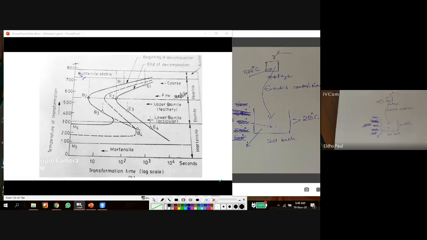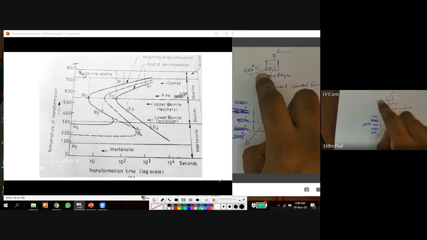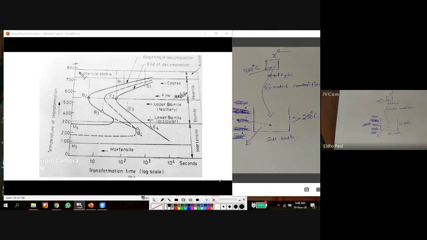This is the corresponding figure. This is austenite, which is at 727 degrees Celsius, and it is suddenly decreased to 250 degrees Celsius at this point.